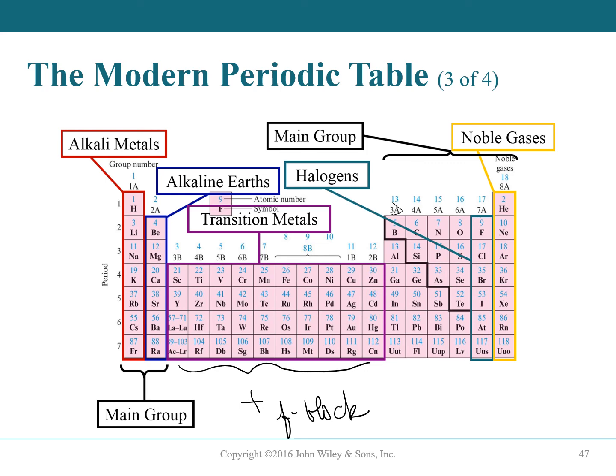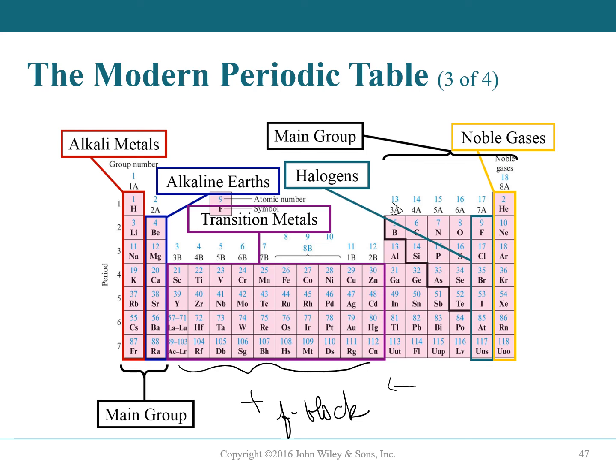All right, so now you know the names of your groups for 1A, 2A, 7A, 8A. You know how to differentiate between main groups and transition. And you know how to read the electronic configuration off of that. And one last thing, remember this is their stair step. So everything to the left are your metals, everything to the right are your nonmetals, and those touching it are your metalloids.